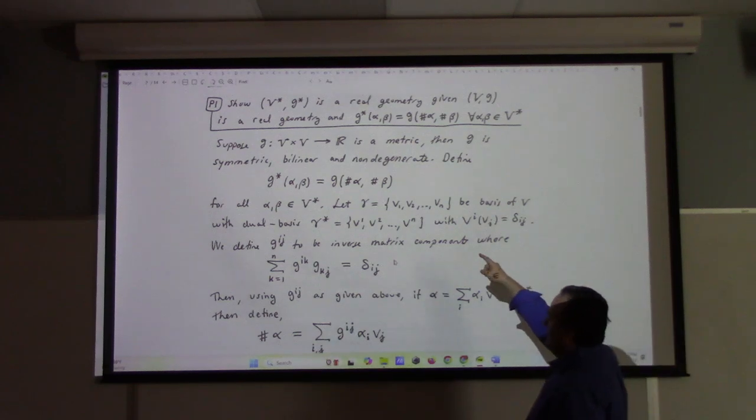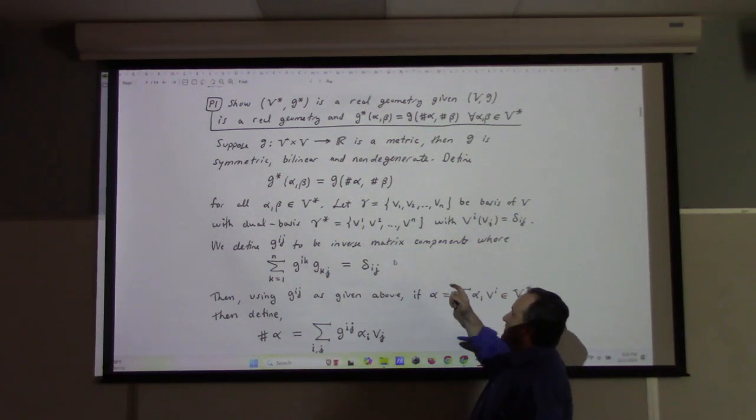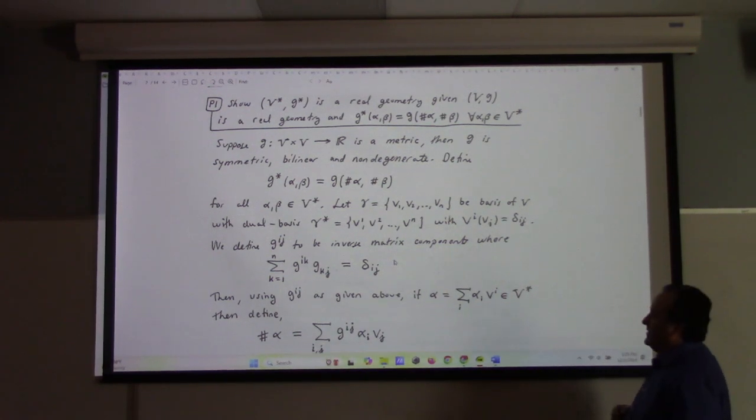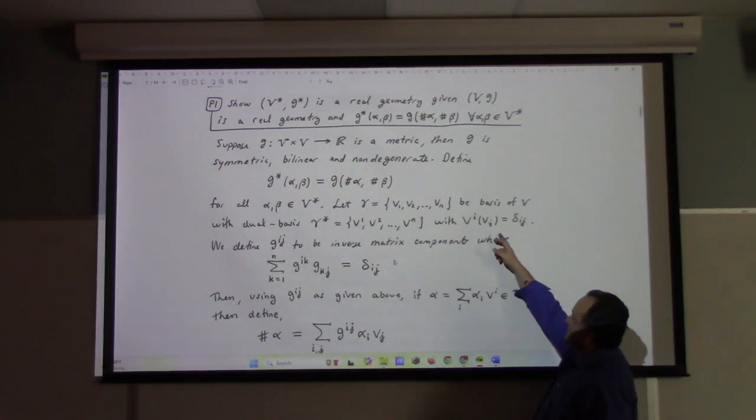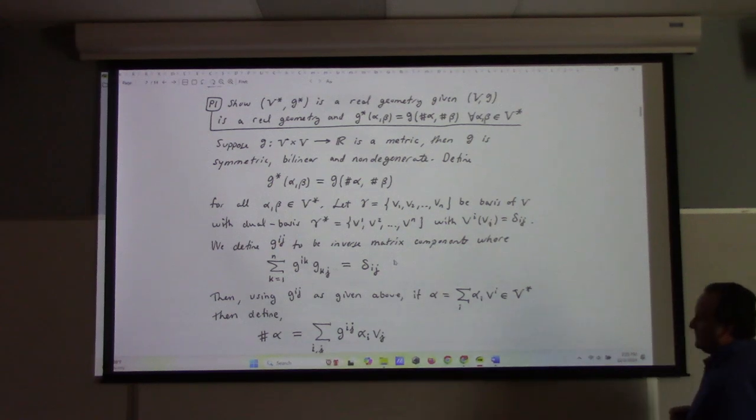So this is the basis. This is the dual basis. If you don't like the upper indices and you'd like to use a different notation like F for the dual basis, you can do that. It's not written in stone, but that's the notation I'm going to use because I like it. Anyway, the dual basis is defined by this relation extended linearly, right?